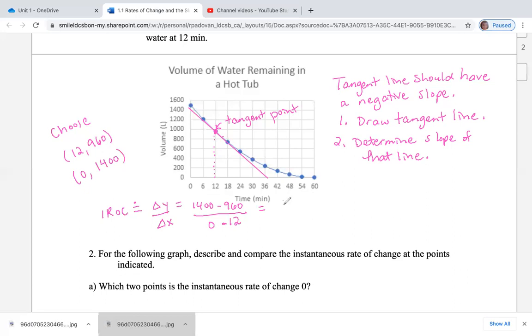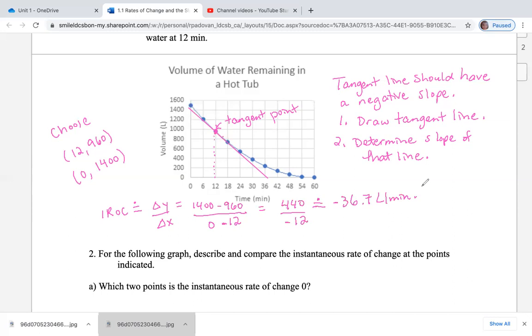So that would be 440 all over negative 12, liters per minute, which would end up being, and again, don't forget your dot above the equal sign, approximately negative 36.7 liters per minute.